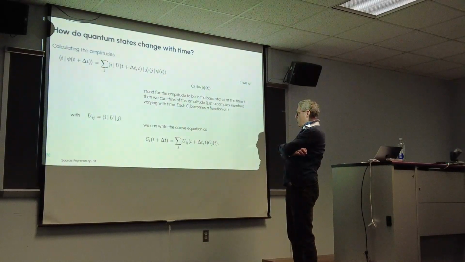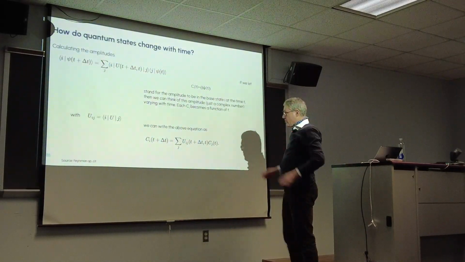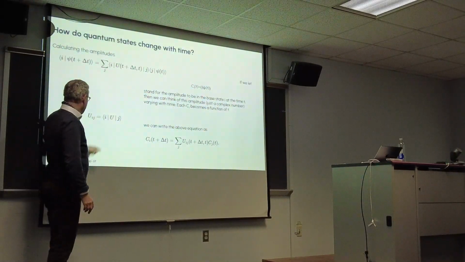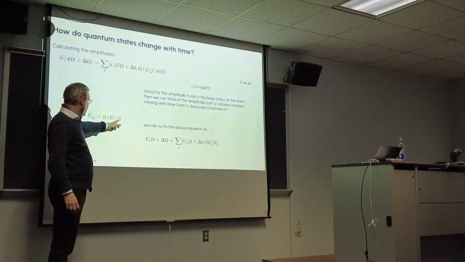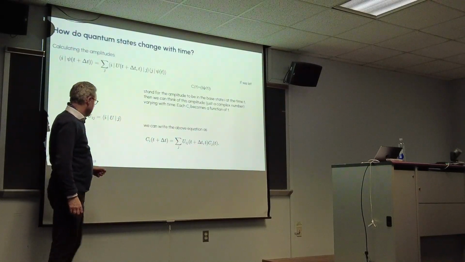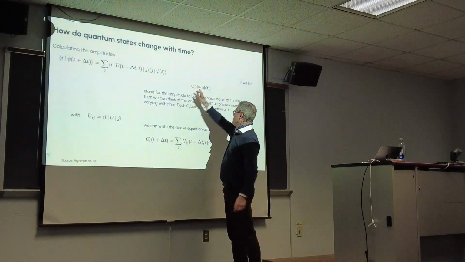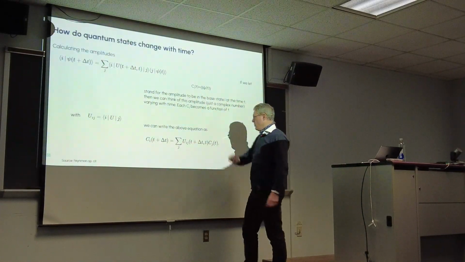And now we can, of course, write the above equation. Now we have defined this as our time operator that moves a state over a certain amount of time into another state. Now if we plug this into the above equation, we put here instead of t, t plus delta t, which is a small amount of time.